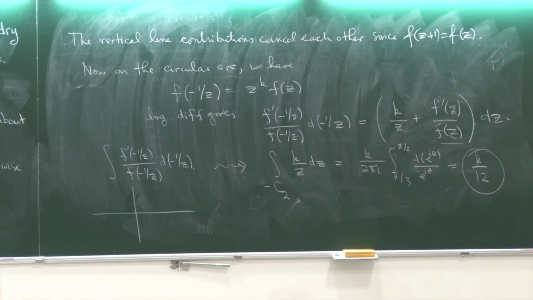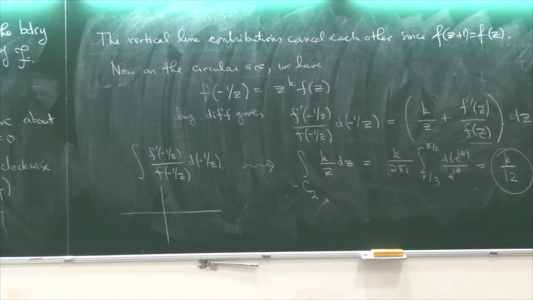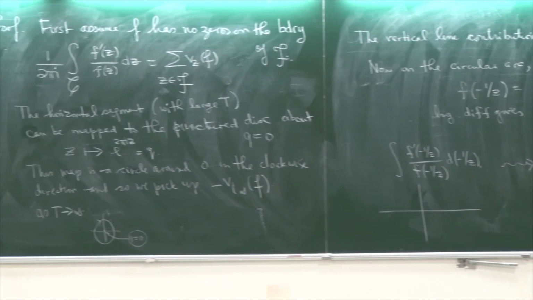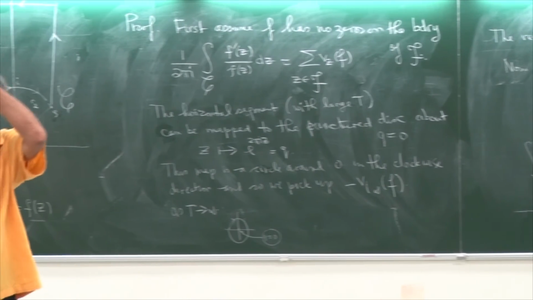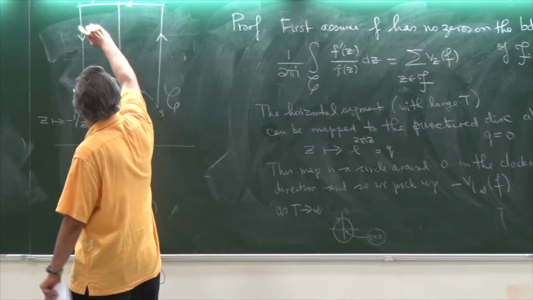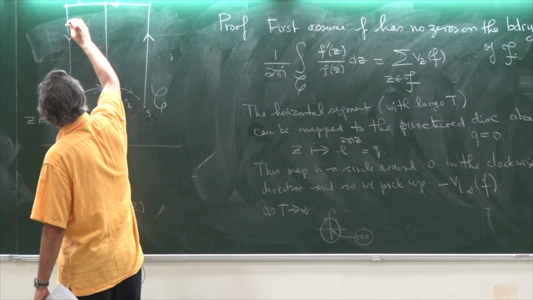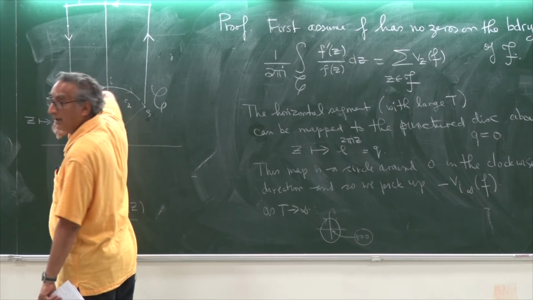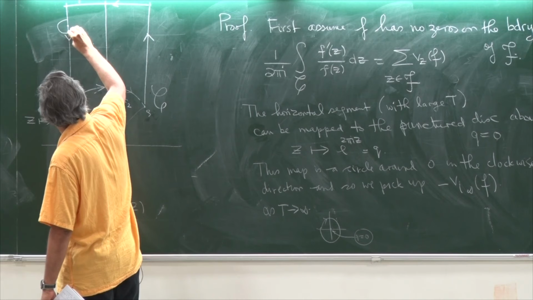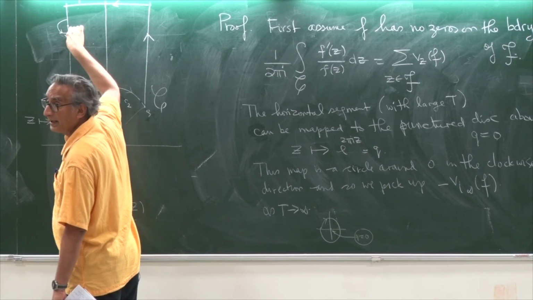I've made the assumption that there's no problem point at I, no problem point at rho squared, and no problem point on any of the vertical line integrals. Now, suppose there was a problem point. If there was a problem point on this particular vertical line, we will deform the contour so as to include it.